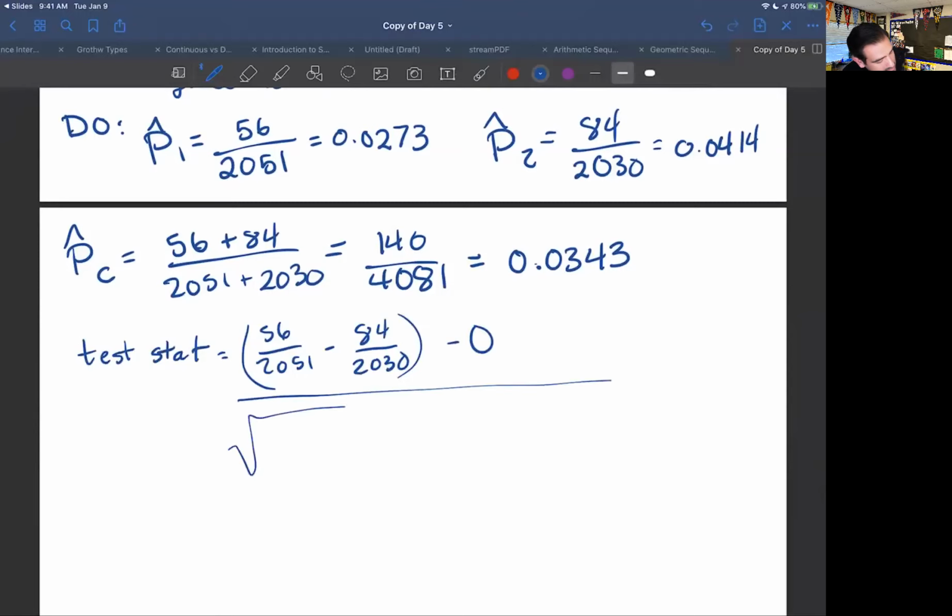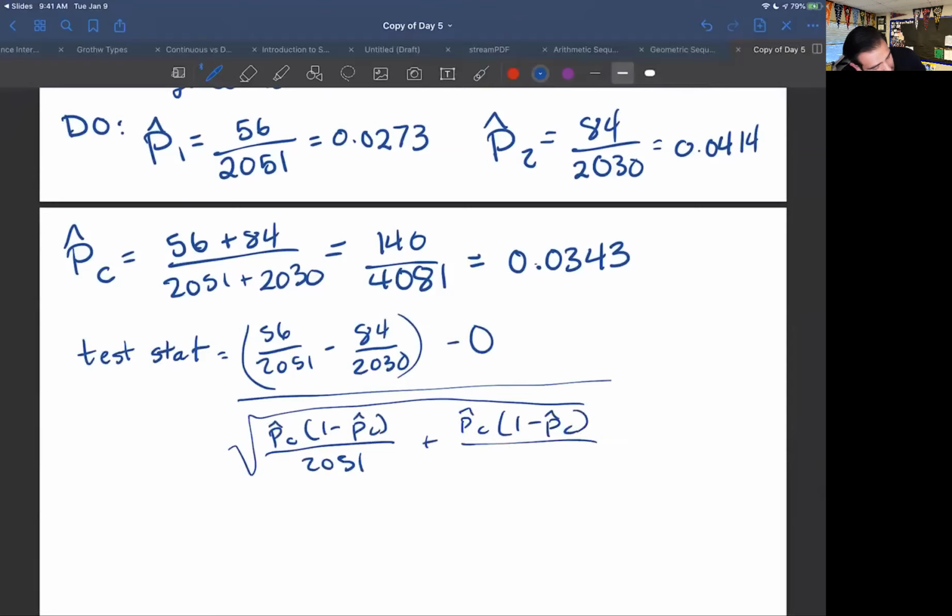All divided by, and then I'm not even going to fill everything in here. Just remember, this is a lot of fractions, right? This is a lot of work. You won't do any of this. You're going to do all of this on your calculator. That test statistic comes out to be 2.47.